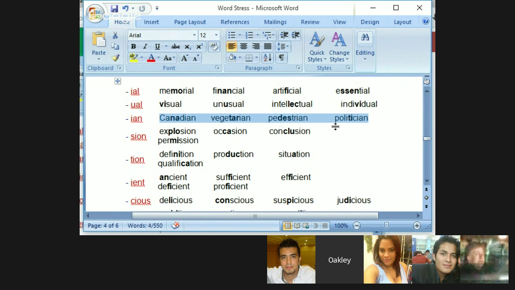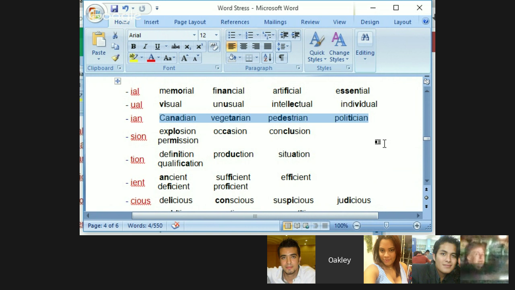Okay, can you try the next one in the list here? Canadian, vegetarian, pedestrian, politician. Good. The syllable directly in front of the suffix ian, ean. All right. Elio, are these words what form? They could be adjective or noun.